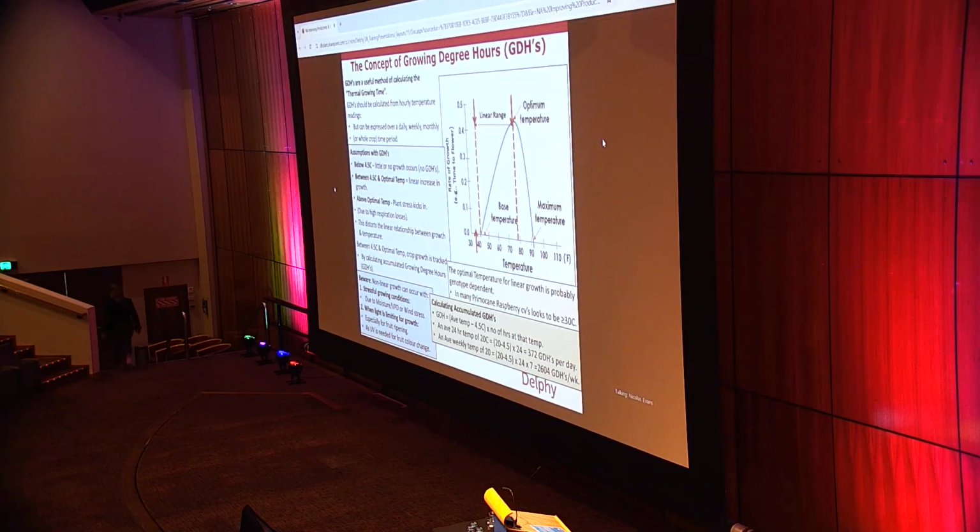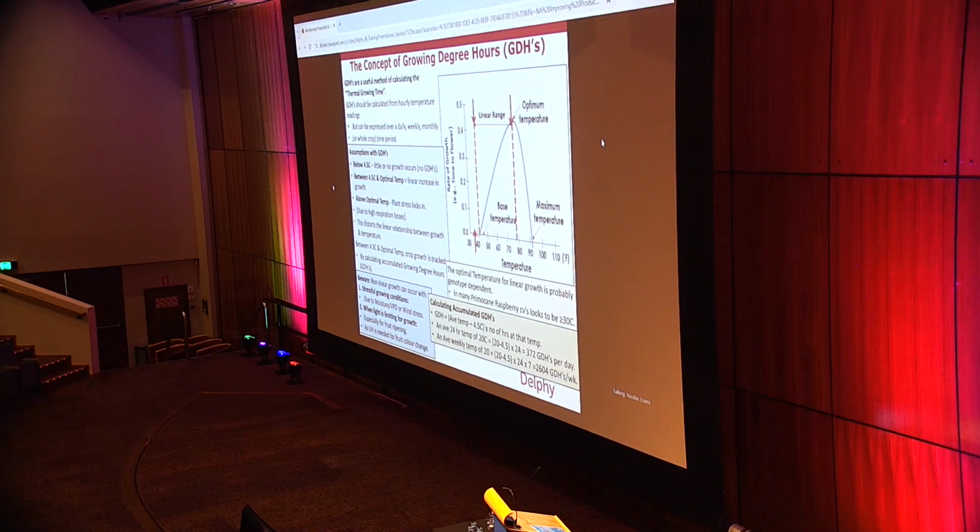Assumptions with GDHs: below 4.5, little or no growth occurs. Between 4.5 and the optimal temperature, we think there's a linear increase in growth. Above the optimal temperature, it's likely that plant stress is kicking in, and then we have respiration losses and other physiological pressures on the plants, and this distorts the linear relationship between growth and temperature.